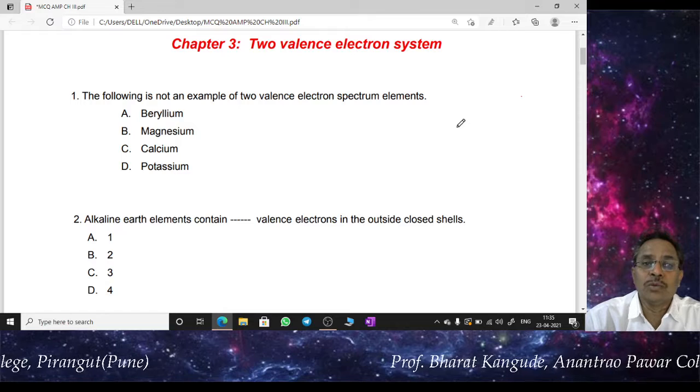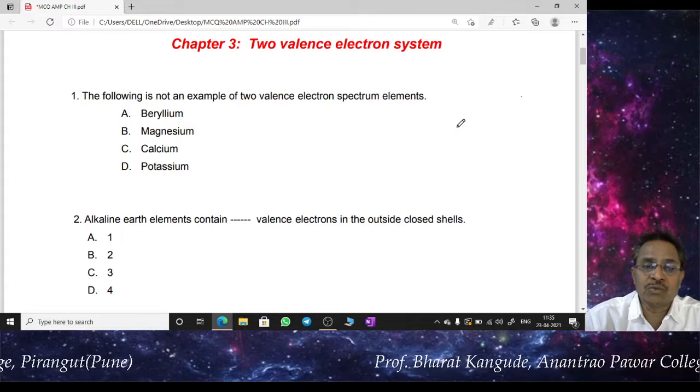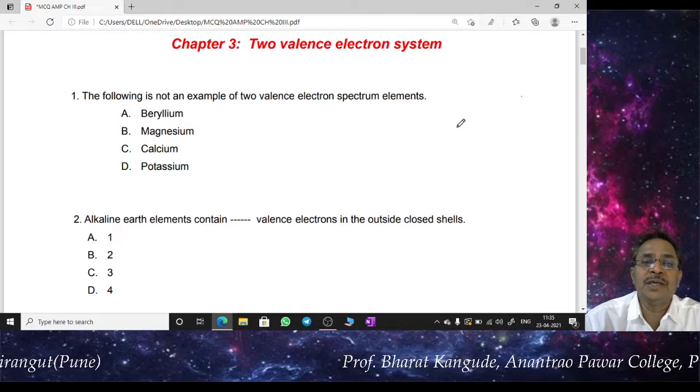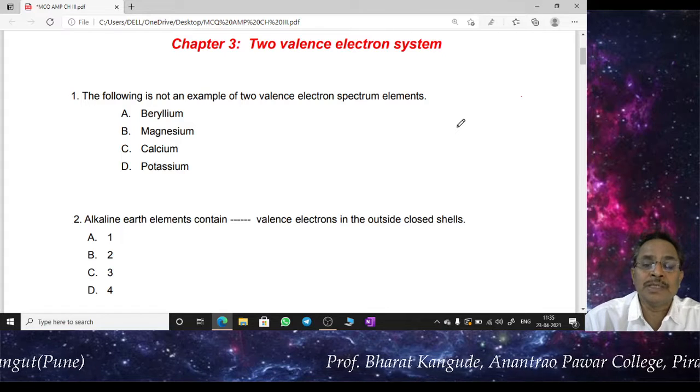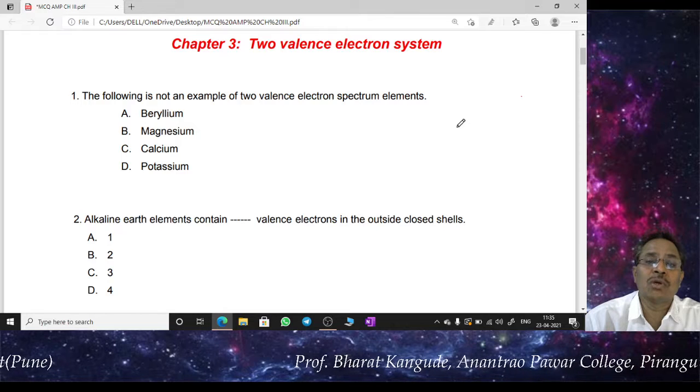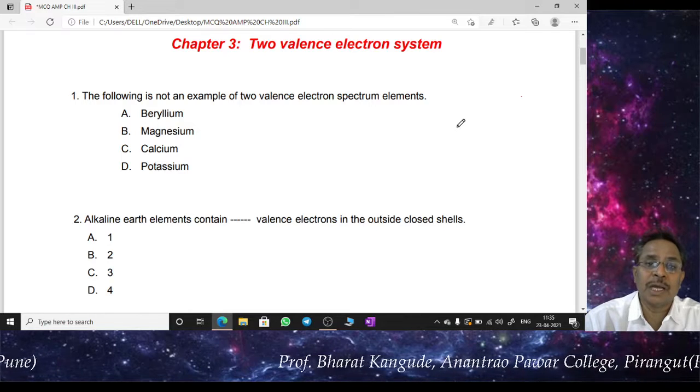From our knowledge in chapter 1, sodium, potassium, cesium, etc. are the elements called alkali elements, and these have one valence electron, a one electron atom system.